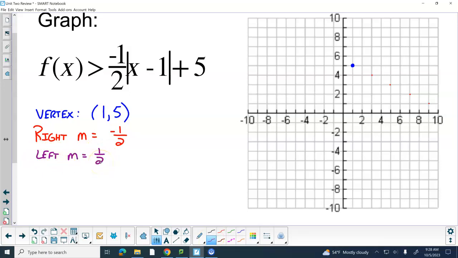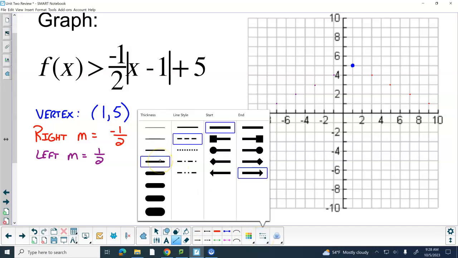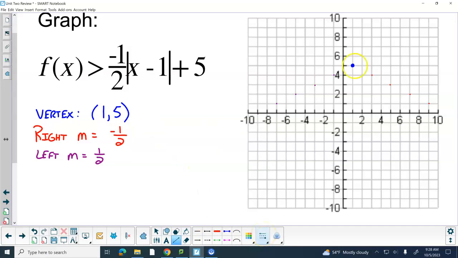We want this to be a V, so we're going to go down and left. There. Because it is just a greater than type, we are going to have a dash V.